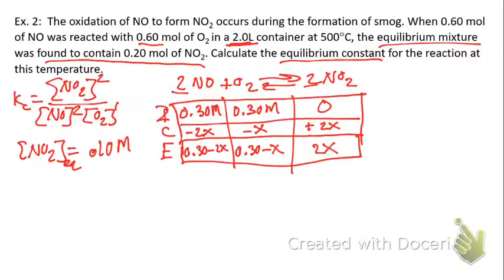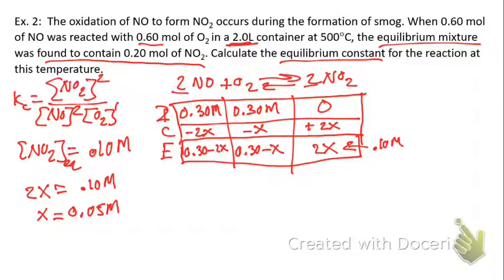So we can say that 2x equals 0.10 molar, because this concentration at equilibrium is 0.10 molar. That means that if we divide 0.1 by 2, x would be 0.05 molar. Okay, so that gives us our x value.